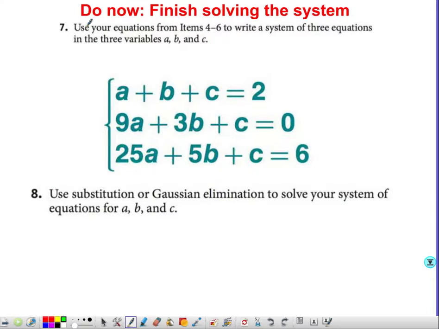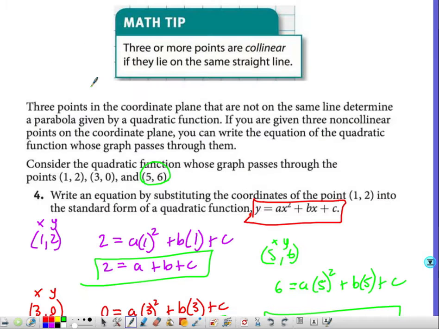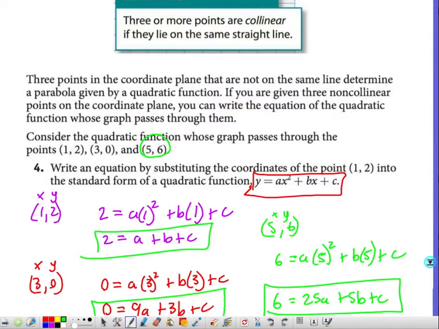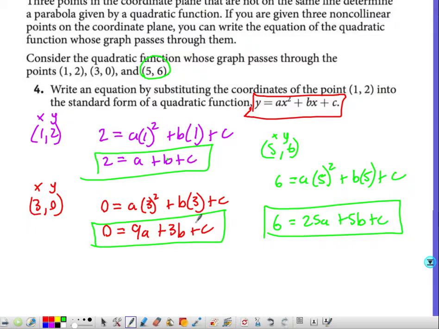Now, use your equations from items 1 through 6 to write the system of three equations in three variables a, b, and c. Let's use Gaussian elimination to solve the system for a, b, and c. So remember, where do we get these from? Well, those are basically these three equations right here: 1, 2, 3.